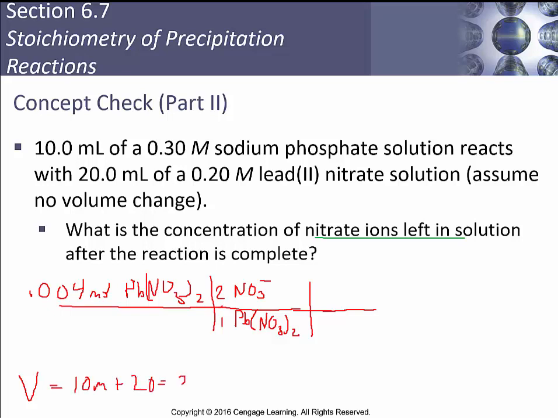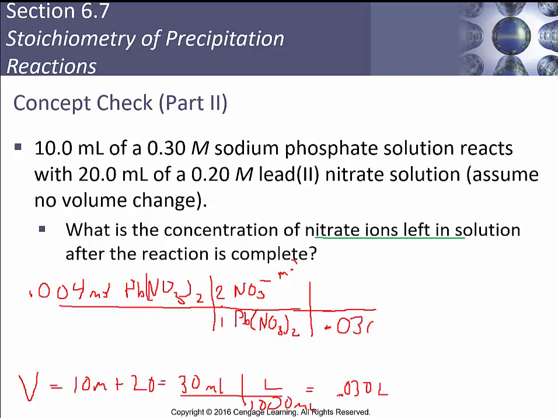Then we convert that into liters because there are 1,000 milliliters per liter, and it gives us 0.030 liters. Right now we're at moles, and we're going to figure out a concentration. Concentration in units of molar is moles per liter, so we just need to divide by 0.03 liters.